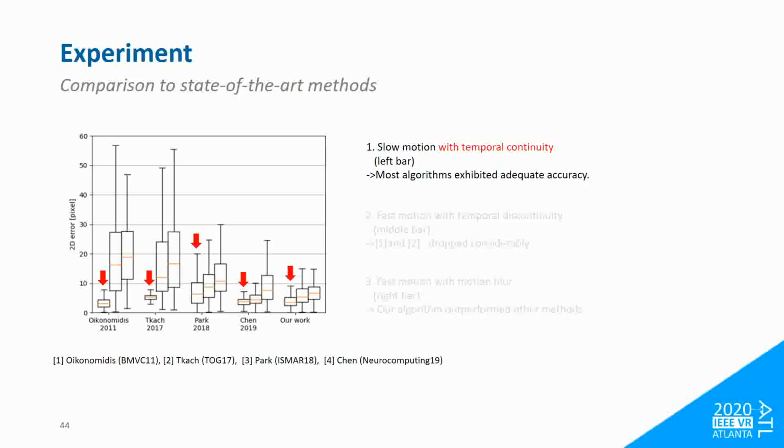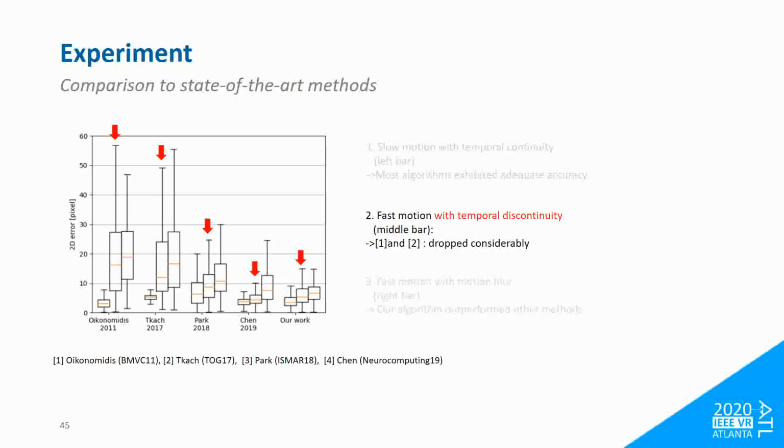Next, we compare our method to state-of-the-art methods. In the frames of slow motion with temporal continuity, all methods show adequate accuracy, which is represented in the left bar for each method. For fast motion with temporal discontinuity, the performance of existing methods drops considerably.